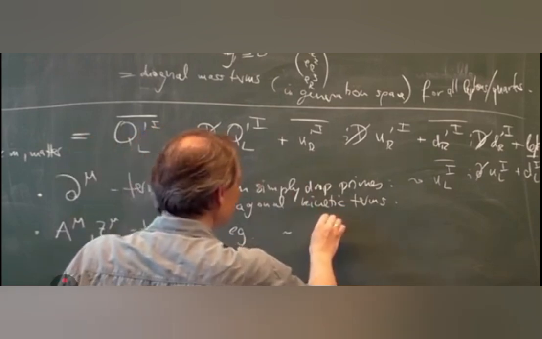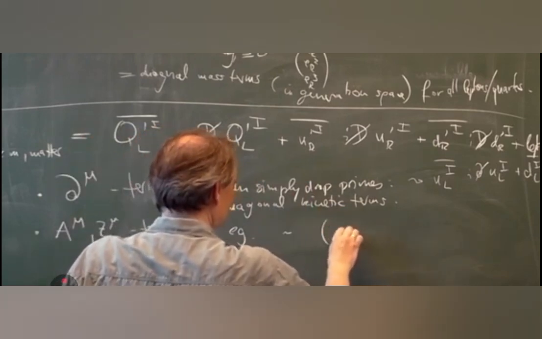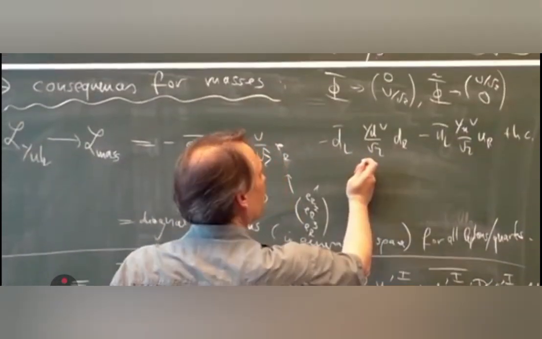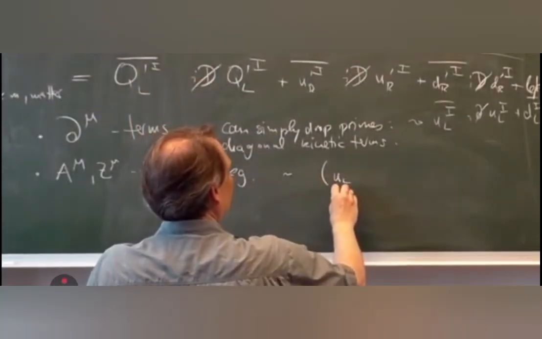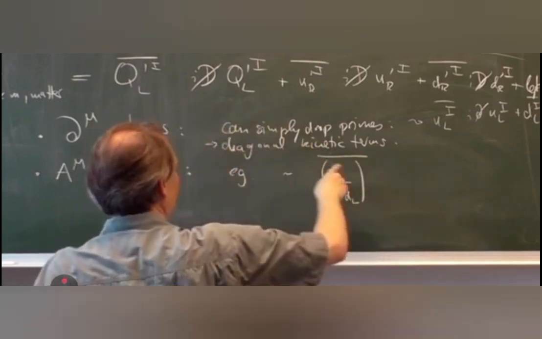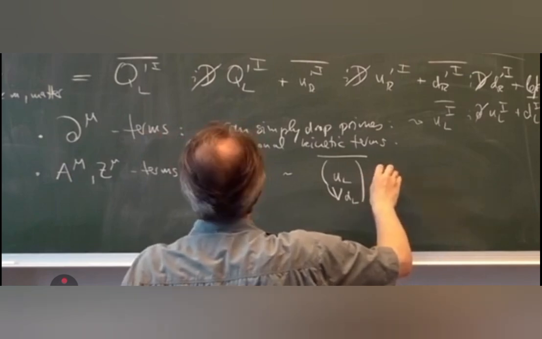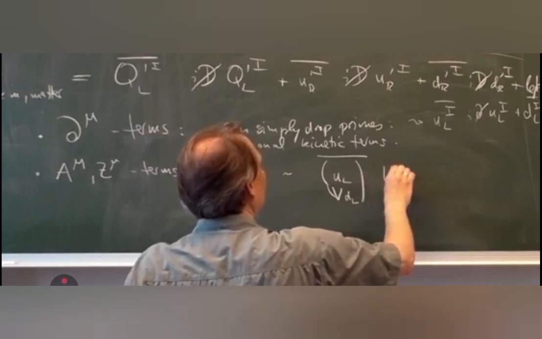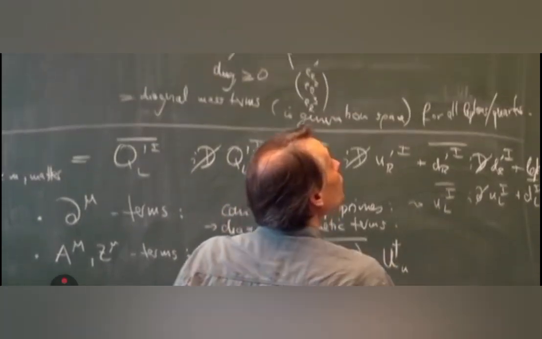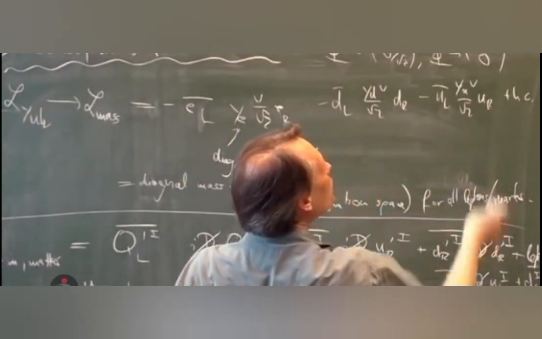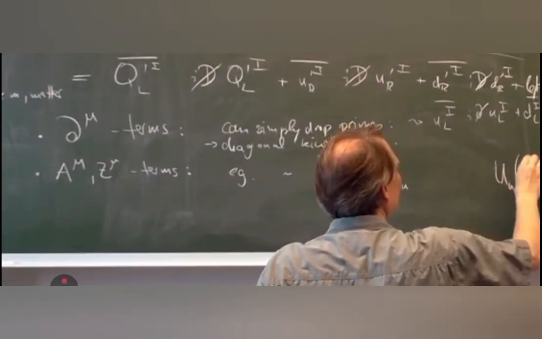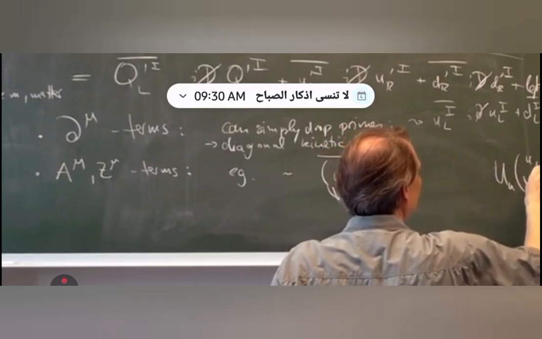A term U_L, let's say, how was it? Matrix V times D_L, the whole thing barred, times the matrix U dagger. And here U times U_L V D_L.